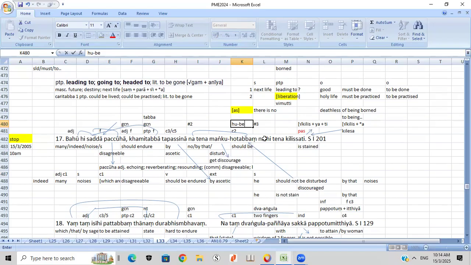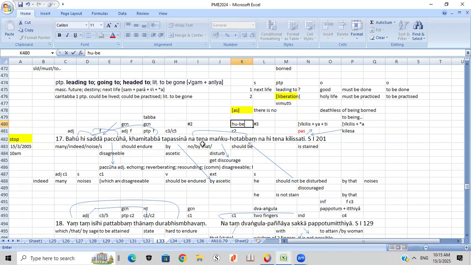Can you see? Should not be. The word mankku is disturb or get discouraged. So in this case, should not be disturbed. So this is technically a sandhi, not a compound. It's a sandhi because this is a verb and then this is sandhi. Should not be disturbed or should not be discouraged.